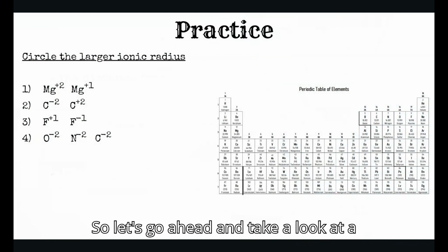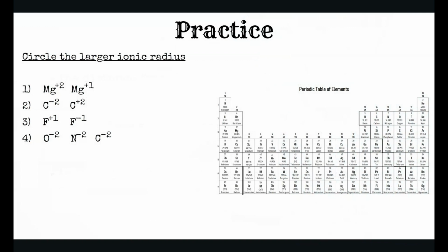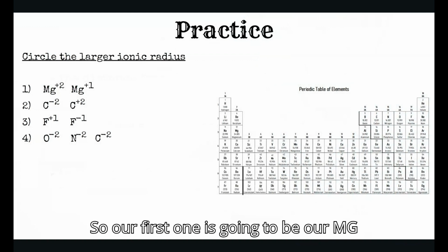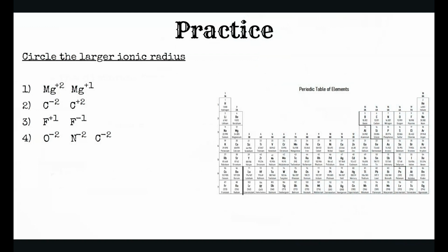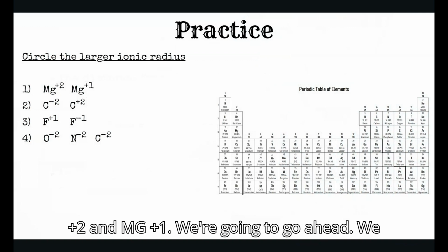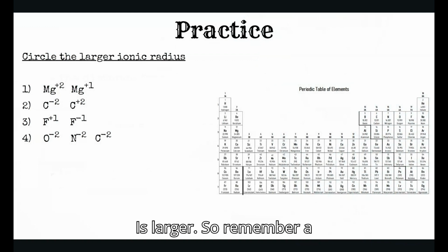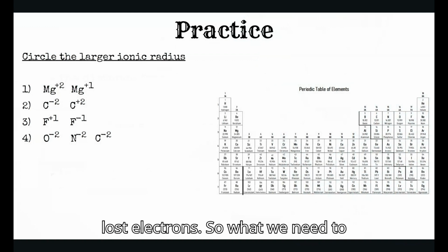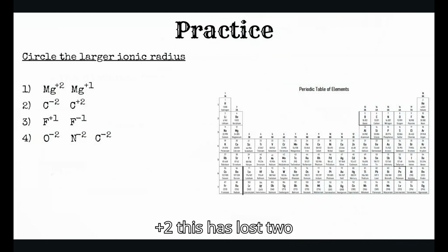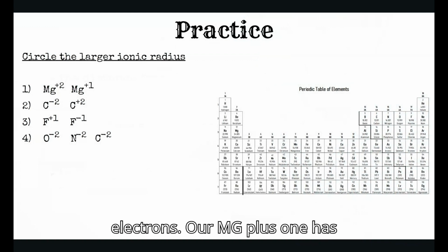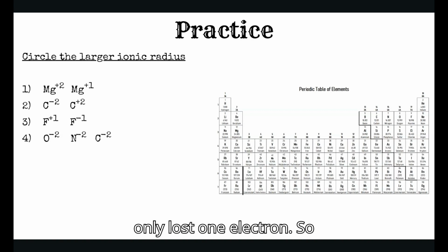So let's go ahead and take a look at a few examples of this. Our first one is going to be our Mg+2 and Mg+1. We are going to circle whichever one is larger. So remember, a positive sign means that it has lost electrons. Our magnesium +2 has lost 2 electrons. Our Mg+1 has only lost 1 electron.